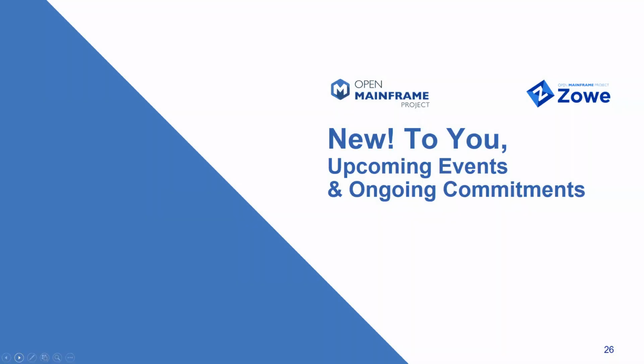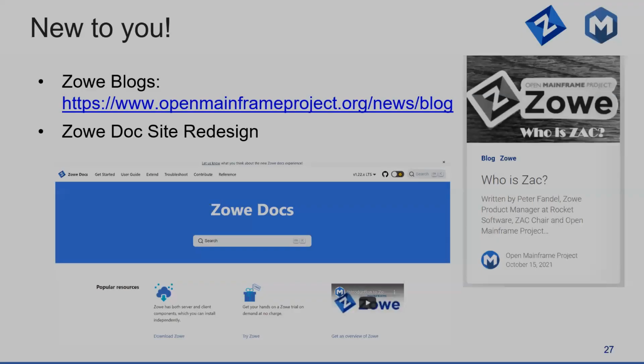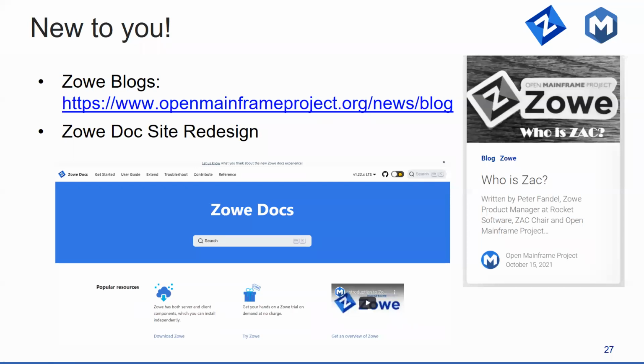Okay, so let's wrap it up with new to you, upcoming events and ongoing commitments, as we always do. Just trying to bring attention to some of the items that we introduced over the past 3 months. Although same disclaimer as last time, this is not comprehensive. Just highlights that we feel are worth mentioning.